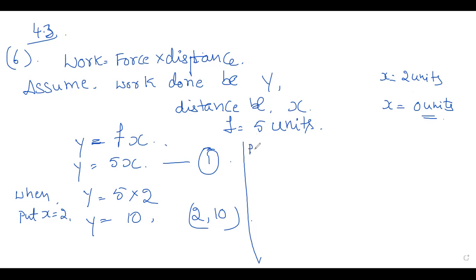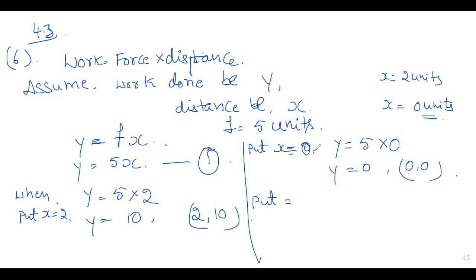I will put x is equal to 0. Then y is equal to 5 into 0, that is 0. What are the points here? 0 and 0. We have 2 points here. To draw a graph, we have to find at least 3 points. x is equal to 1. Y is equal to 5 into 1.